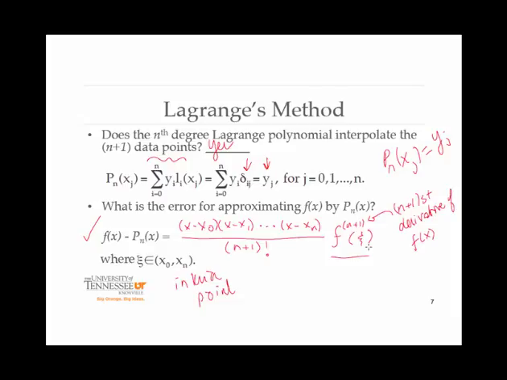So this is something we're going to be looking for: can we do better? The advantage of Lagrange's method is that it's very simple. It's very simple to program; you can imagine the very simple loops it would take to construct and then evaluate the Lagrange polynomial. But if you keep taking larger and larger data sets, if n got to be very large, thousands of data points, clearly you don't want a 1,000-degree polynomial.